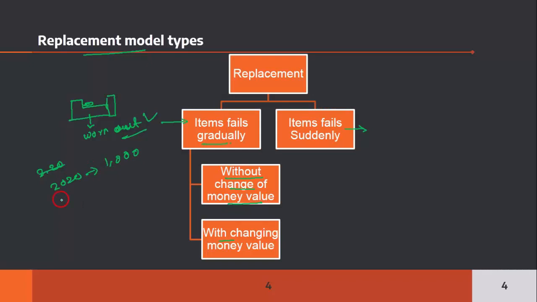In 2021 the value of this 1000 rupees is decreasing and it becomes only 900 rupees. For 2025 the value is again decreasing and it has a value of only 500. So the value of money is decreasing in this case, and we have to consider this money value for our replacement model. If we are not considering money value, how to solve this problem, and when we consider the money value, how to solve the problem, we will find in the next slides.